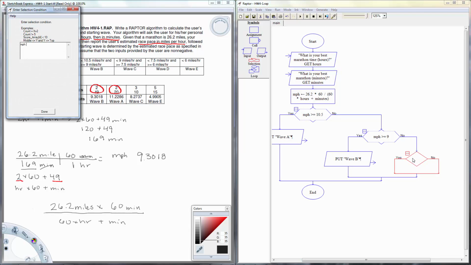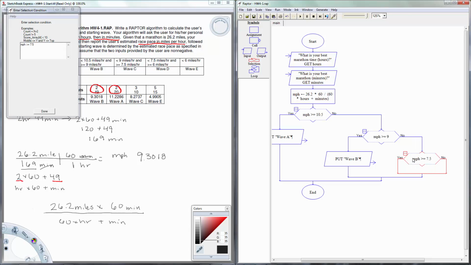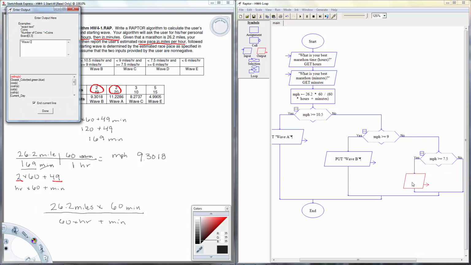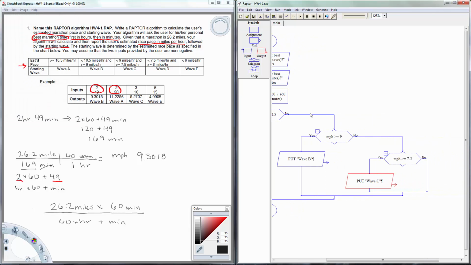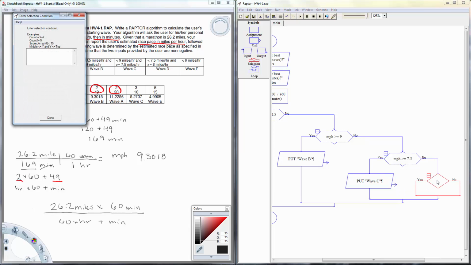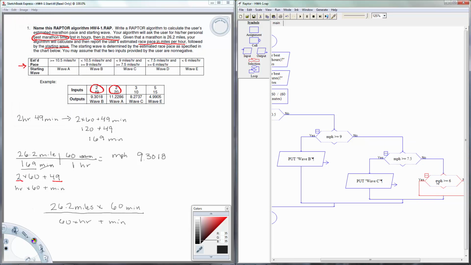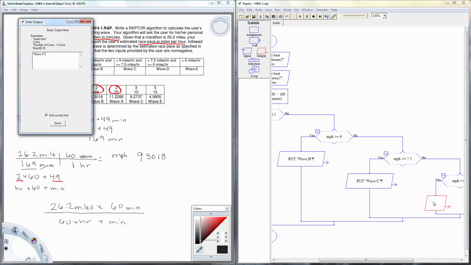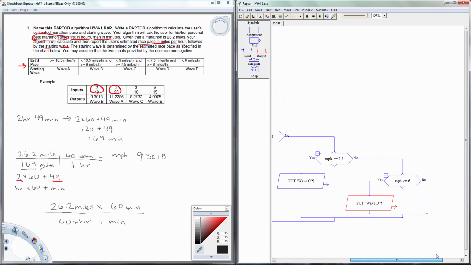So miles per hour greater than or equal to 7.5, and we'll output wave C. If miles per hour is greater than or equal to 6, but less than 7.5, then we'll output wave D. Finally, if we're not greater than or equal to 6 on our miles per hour, then we are less than 6, in which case we would output wave E.